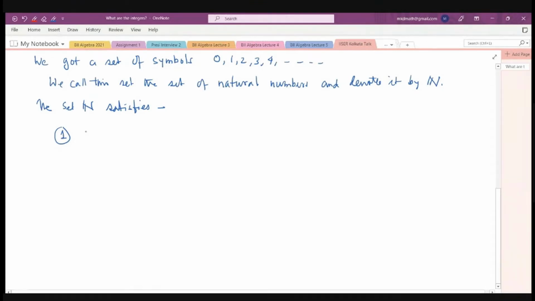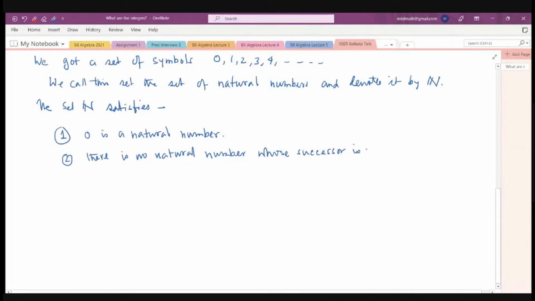Some of them will look obvious. Number 1, 0 is a natural number. Number 2, there is no natural number whose successor is 0. So 0 is the first one.